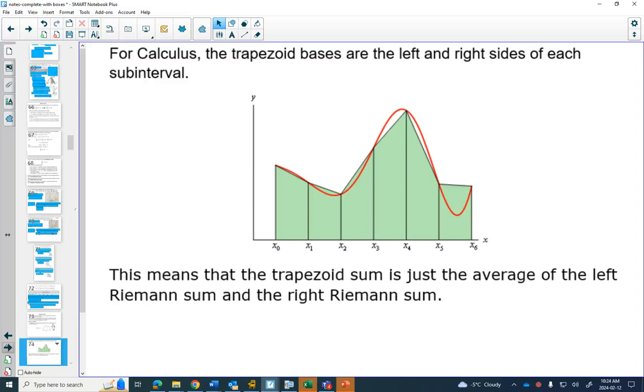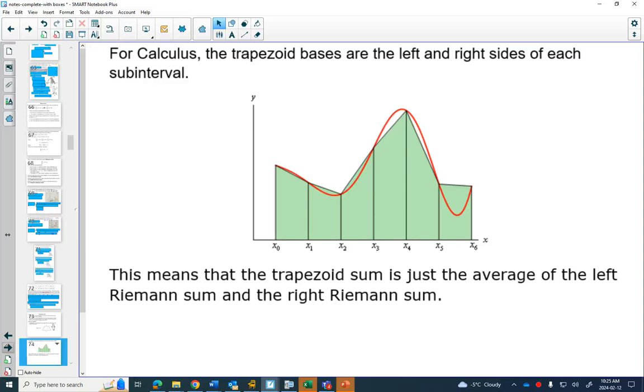So here's an example of a curve with trapezoidal sums. You take every endpoint, draw a straight line to make a trapezoid, and add them up. Okay? Notice you still have possibility for some quite big error. This little part at the end, between x5 and x6, there's quite a bit of error in that. But the trapezoid sum is just the average of the left Riemann sum and the right Riemann sum.